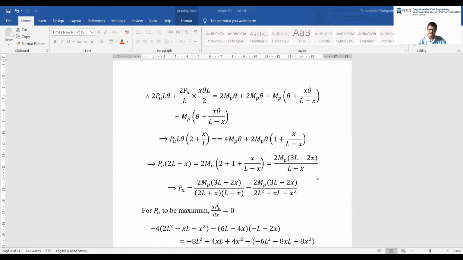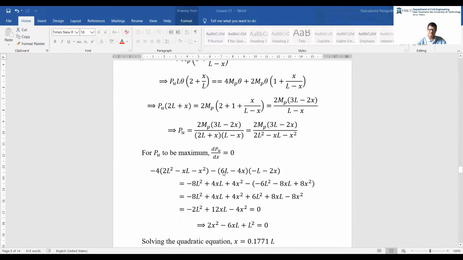Now Pu is equal to this value, 2Mp 3L minus 2x by this. So for the value to be least, you have to take dPu by dx equal to 0, and so you know how to calculate these values in the form of u by v.